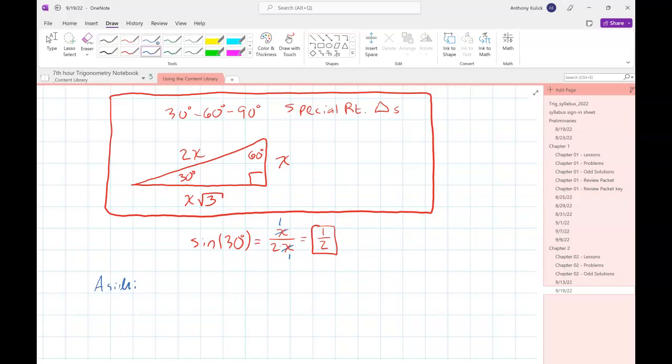As an aside, what was the other special right triangle? Does anybody remember? 45, 45. Very good. 45, 45, 90 is the other one.